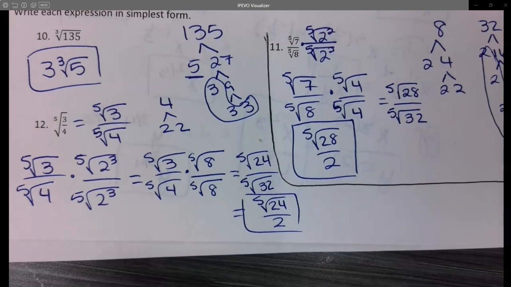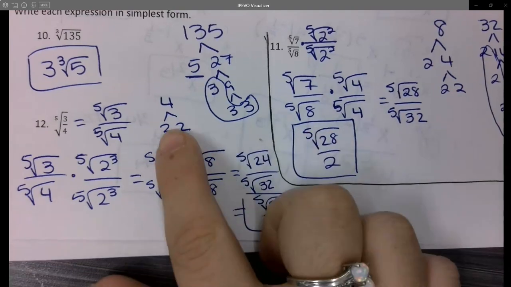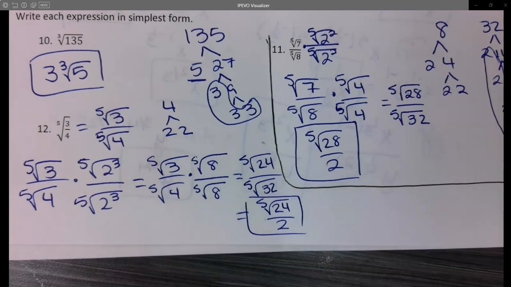Because in math, it's not proper notation to have radicals on the bottom. This one happened to be 2 both times because that was the number I had on the bottom. So it's whatever number that you have on the bottom. Any other questions here?